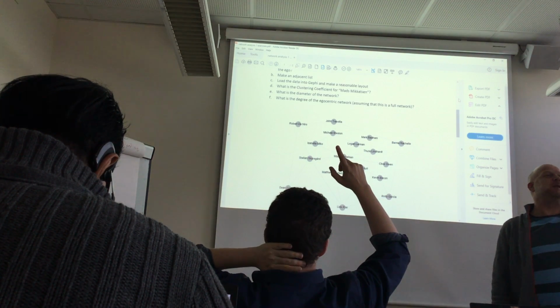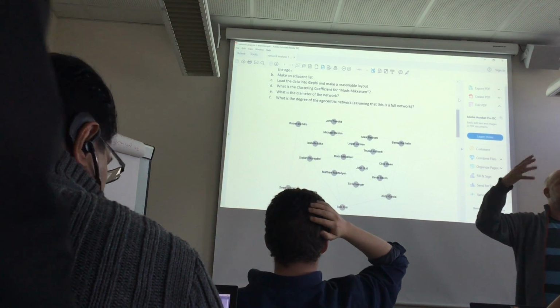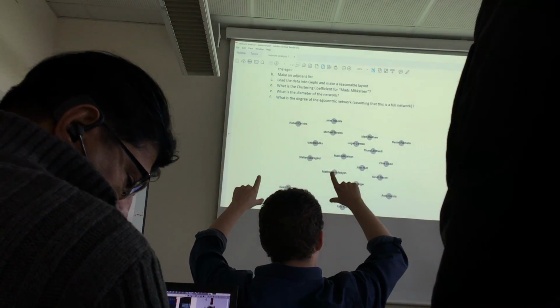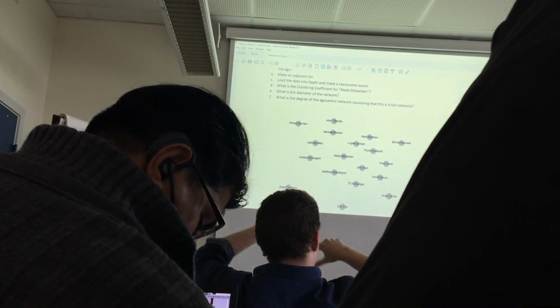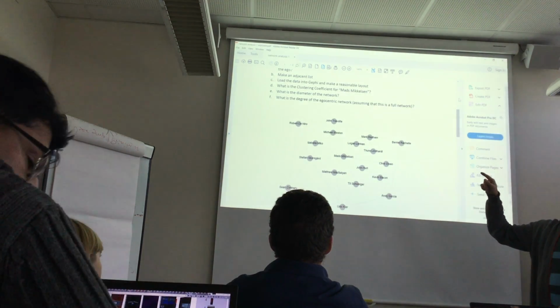If we should explain it outside Gephi, what would be the rules for computing the clustering coefficient if you had to do that? The actual amount of connections between friends divided by the possible amount of connections. Yeah, so the actual connections between friends divided by the possible.